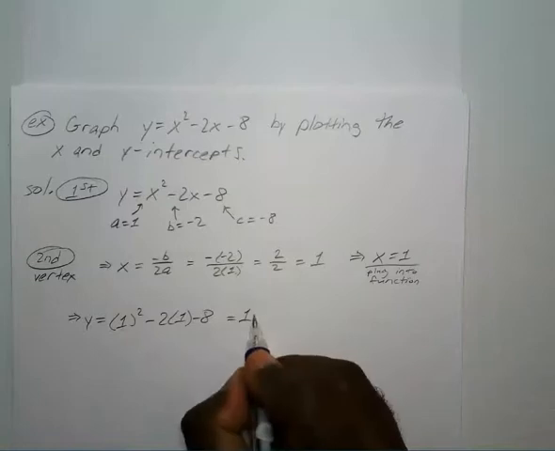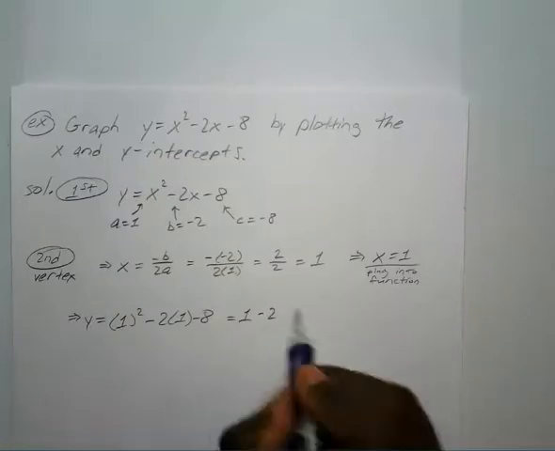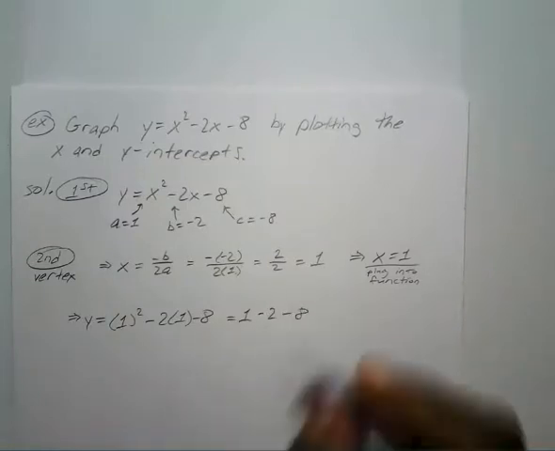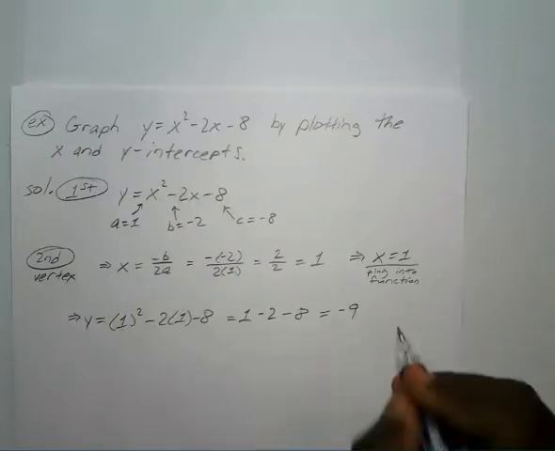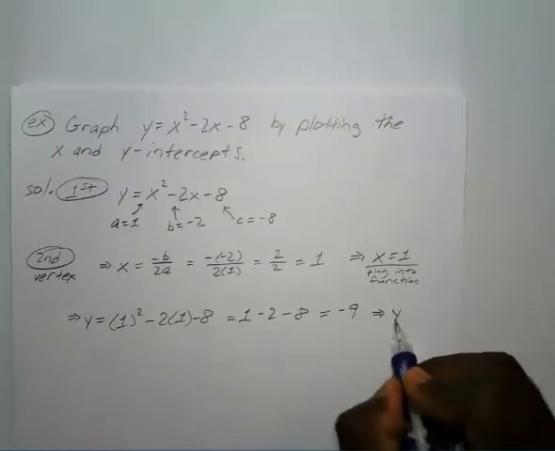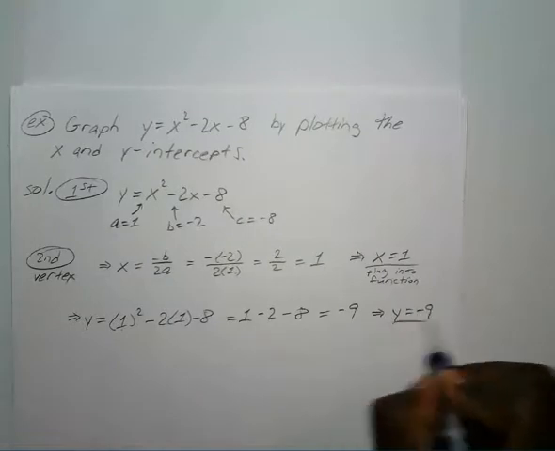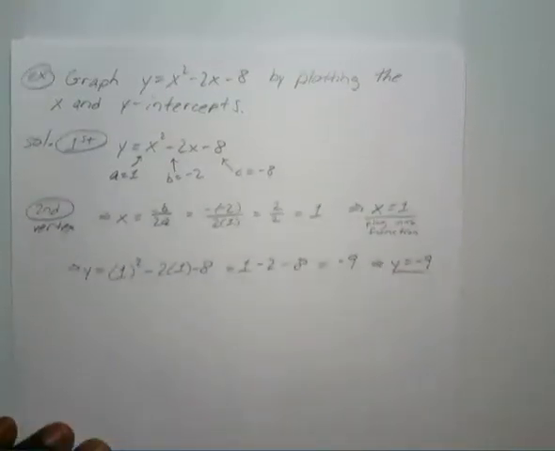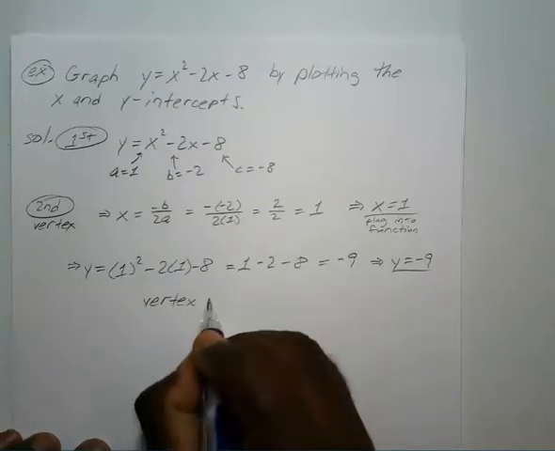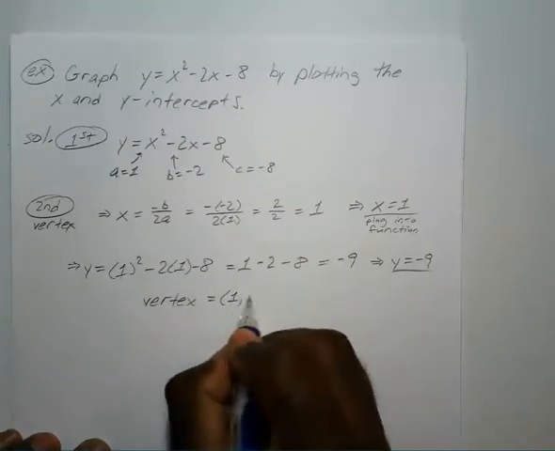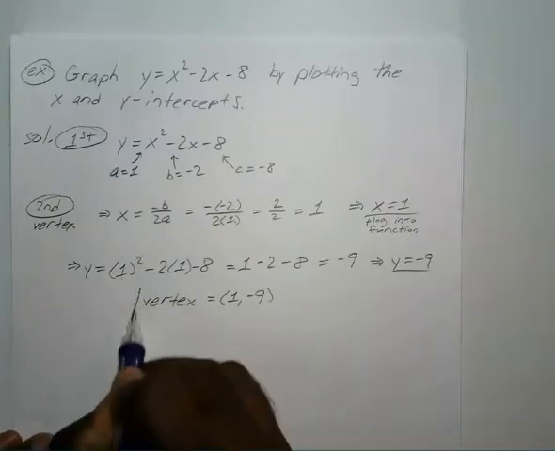Negative 2 times 1 is minus 2. And we have our minus 8. So that's equal to negative 9. So we know that our y is equal to negative 9. So that gives us a vertex of 1, negative 9.